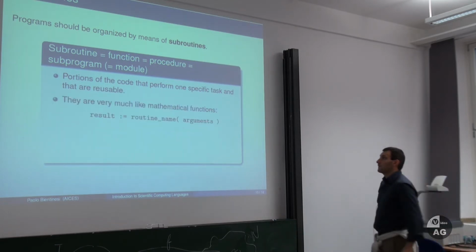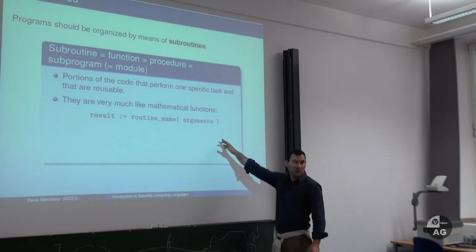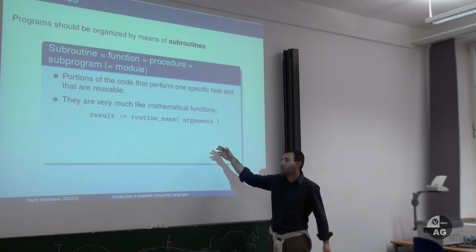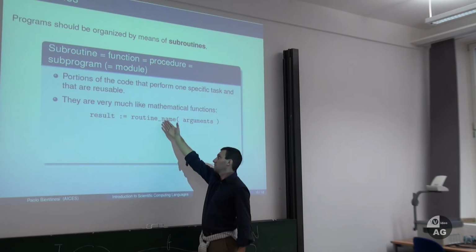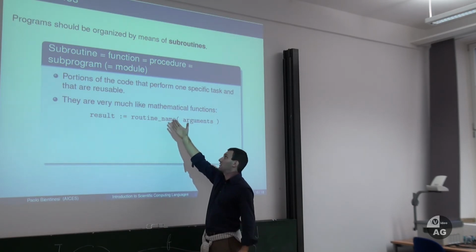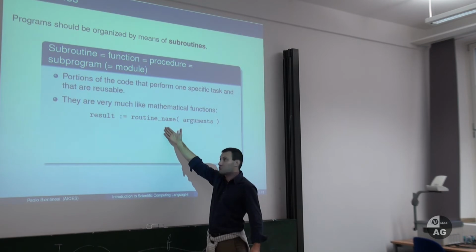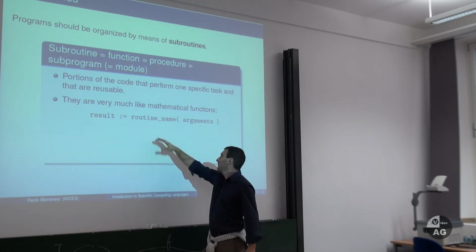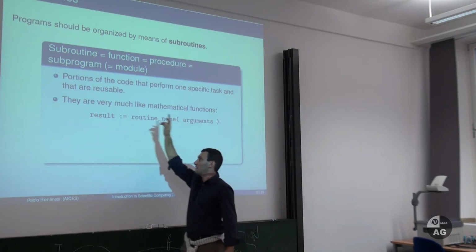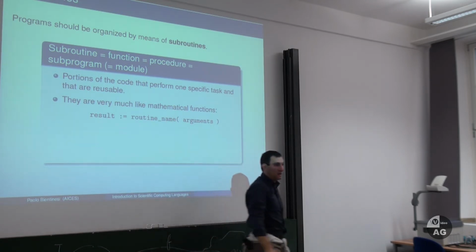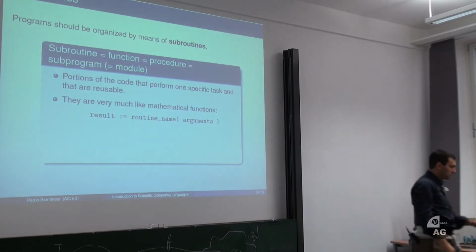Okay, they look a lot like a mathematical function. We have the name of a function. This can be a subroutine, a subprogram, a procedure, however you want to call it. You pass some arguments to them, and that spits out one or more pieces of data.